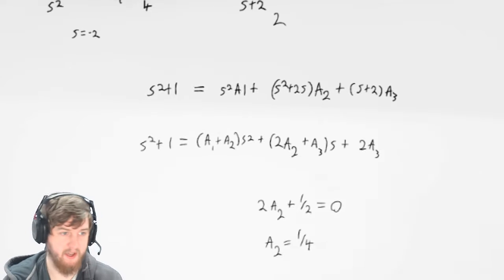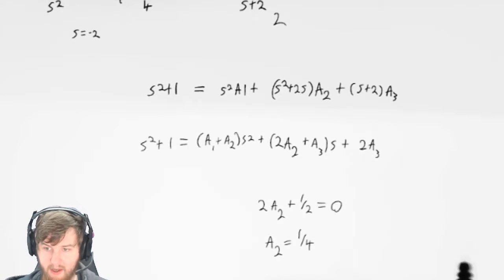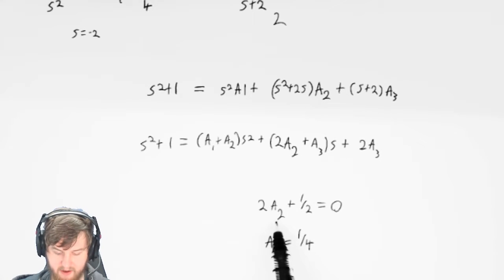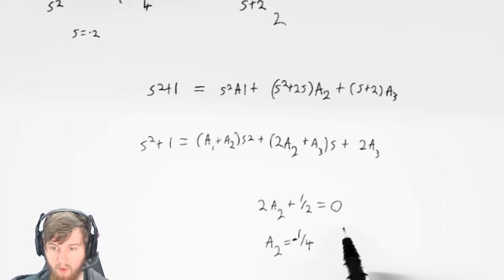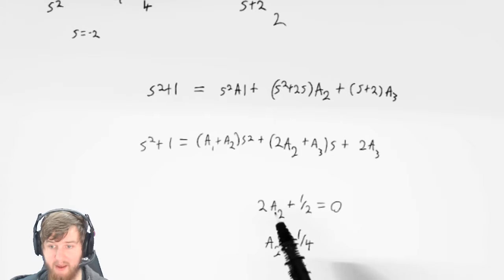Looks like we might have missed a sign here. Let me check the manual. Let's see. Oh yeah, of course. In order for that to be true, that has to be negative 1/4. My bad. It needs to be 2 times negative 1/4 plus 1/2 is equal to 0.